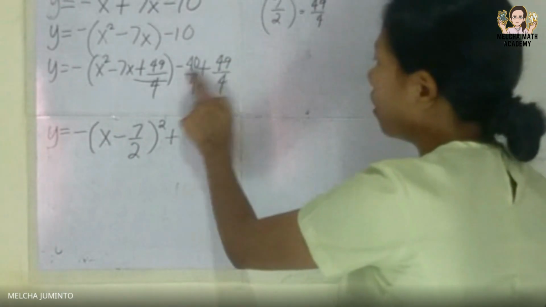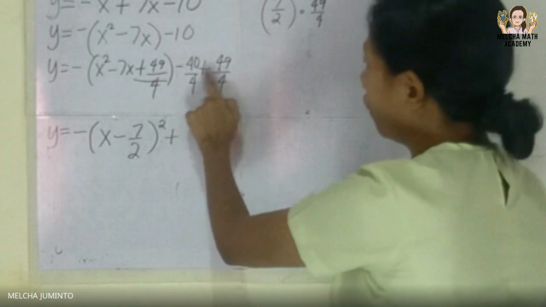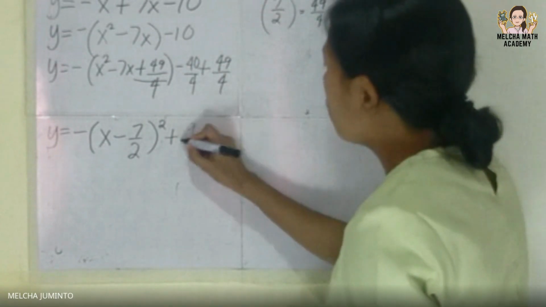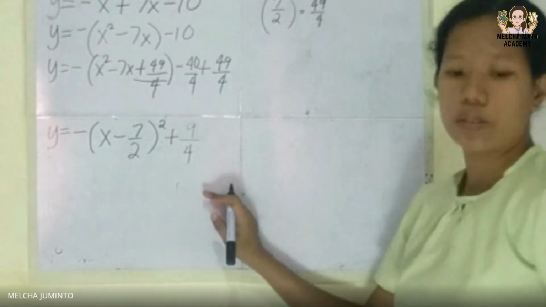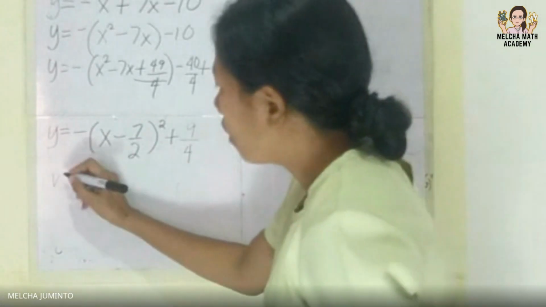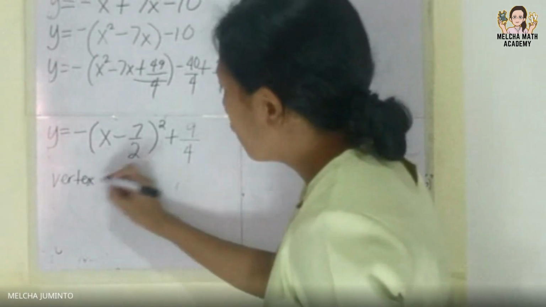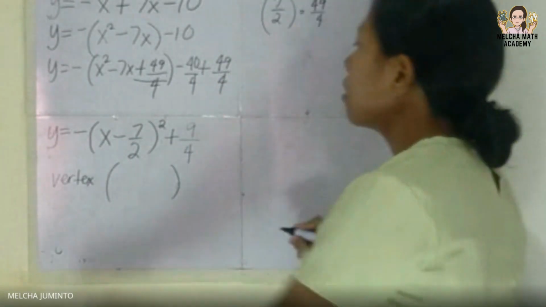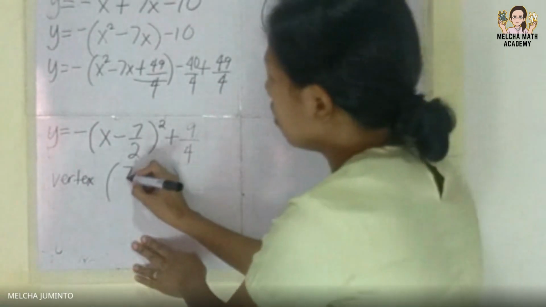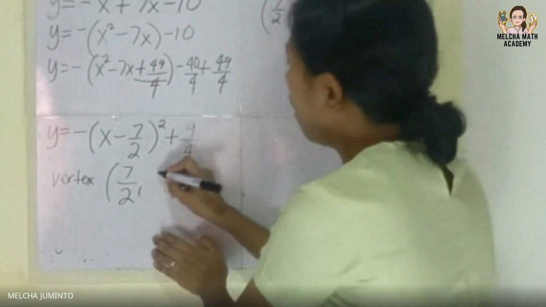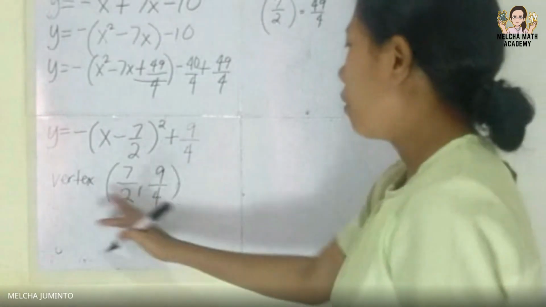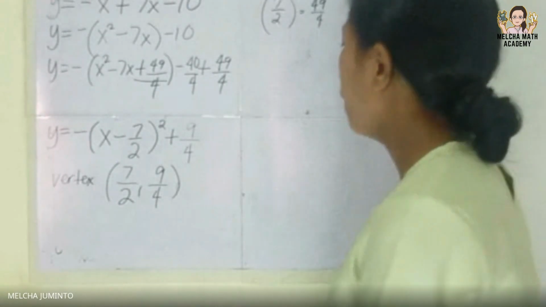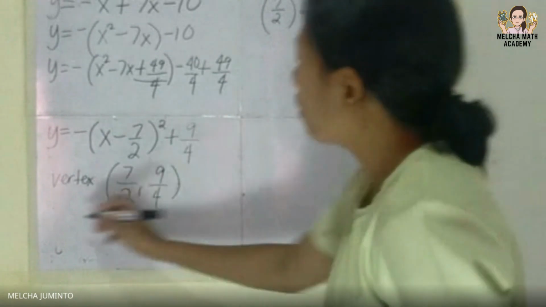Since 49 is bigger than 40, the sign of 49 is copied: plus 9 over 4. So we have this vertex form. Hence, the vertex is positive 7 over 2 and 9 over 4. Those are the values of x and y, the vertex, or turning point. Now let us find the x-intercept.